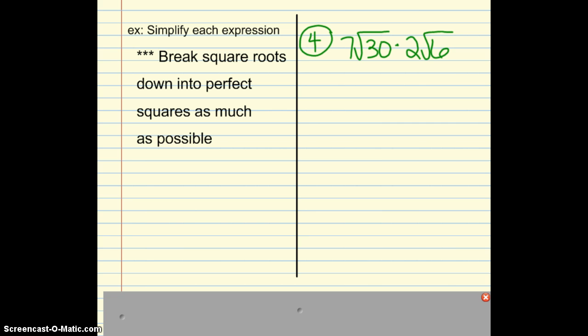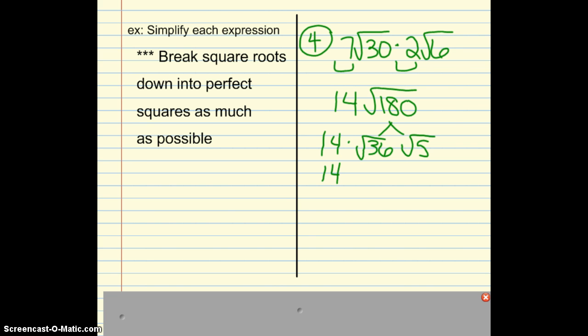Next, we have 7 root 30 and 2 root 6. Now, we're going to multiply 7 and 2 to get 14, root 30 times root 6 to get root 180. Now, 180 breaks into square root of 36 and square root of 5, and my 14 just comes right down to the outside.